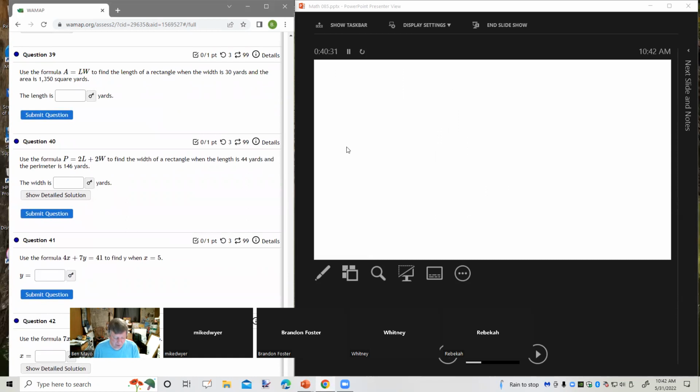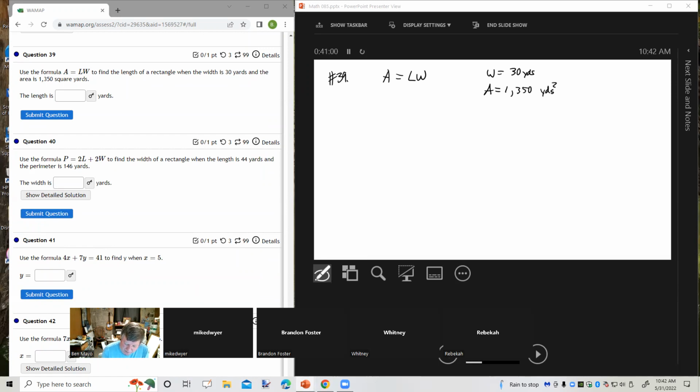Let's take a look at problem number 39. Use the formula A equals LW to find the length of a rectangle when the width is 30 yards. So the width is 30 yards and the area is 1,350 square yards.